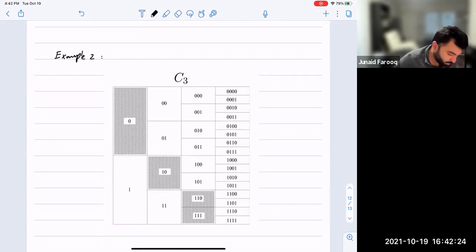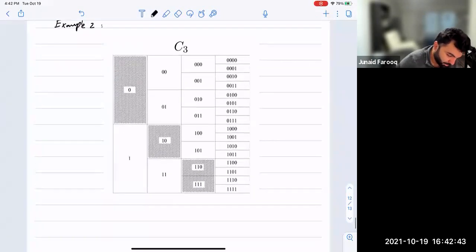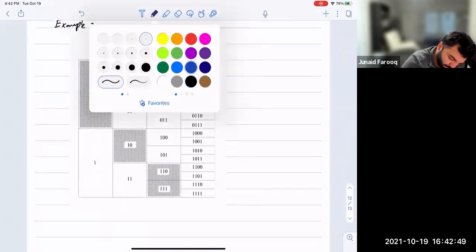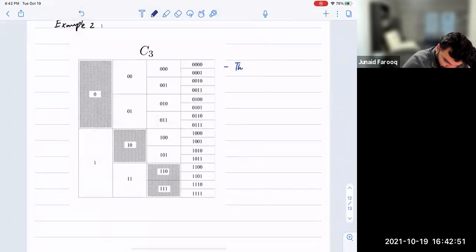So from just by looking at it, I can see that this is a complete code, right? Because all the branches of the tree have been used and it just adds up to exactly 1 if you do the Kraft inequality. So I will just put some comments here. So this is a complete code.